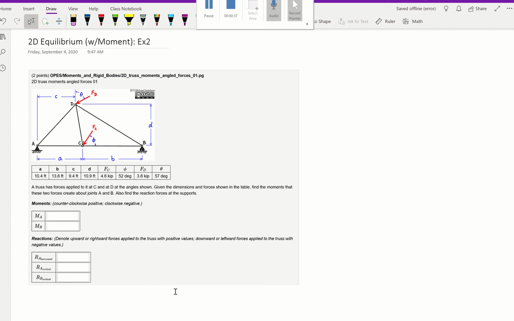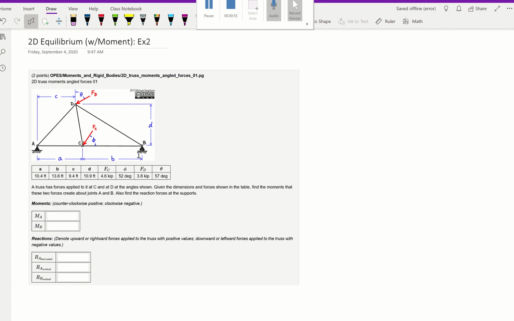So now let's think about how we go ahead and solve this problem. First, they want us to find the moments that those two forces create at joint A and B, right? We can go ahead and start with that.